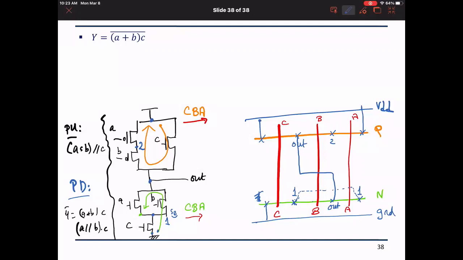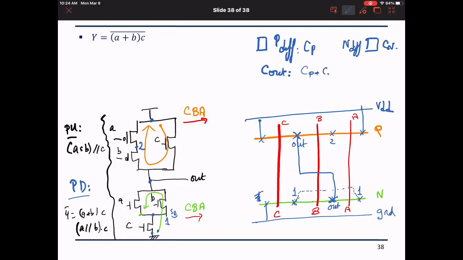If we say the P diffusion has CP and the N diffusion block, meaning every square, has CN. What is the capacitance at the output node? CP plus CN.